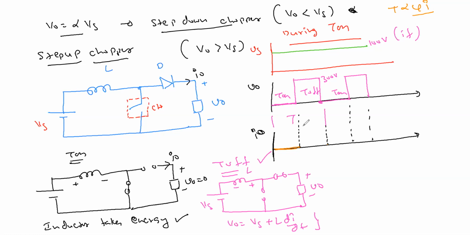Turn off period में देखो, I naught initially very high current, क्योंकि energy in the inductor is kind of more, voltage is more. Then what happens after that? As the energy is taken by this load, then current starts decreasing here now.